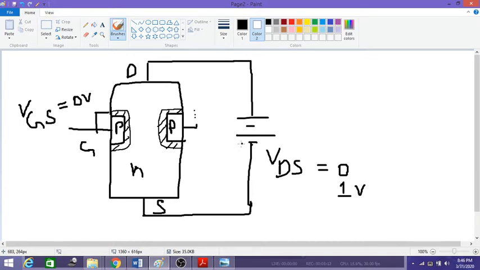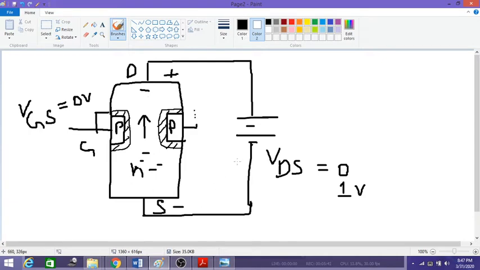So what will happen? This is connected to the negative potential, and this is connected to the positive potential. The majority carriers in N-type material are electrons. Due to the negative potential, these electrons get repelled, and since the drain is connected to the positive potential, the electrons get attracted.